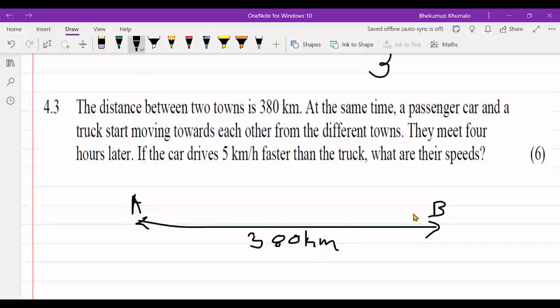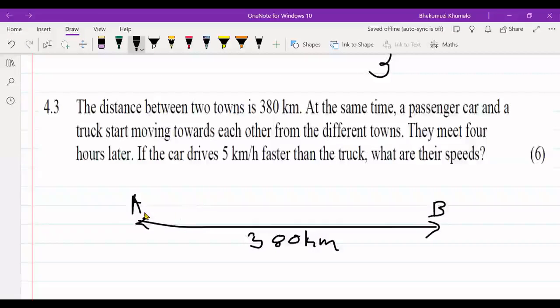So the car and the truck are coming towards each other. If something is coming towards each other, it means they're coming from opposite directions, right? But they are coming to one spot. So maybe you're walking to the right and someone's walking directly to the left towards you, you know?